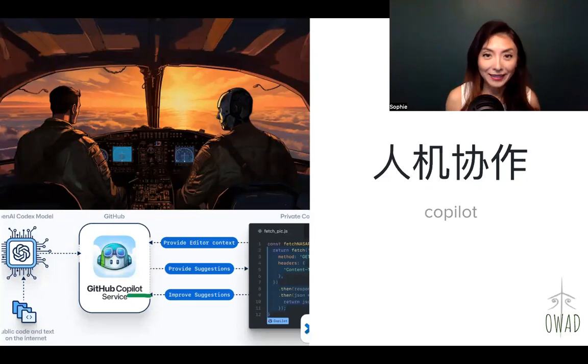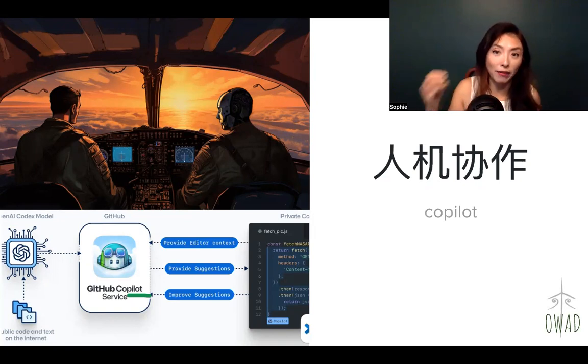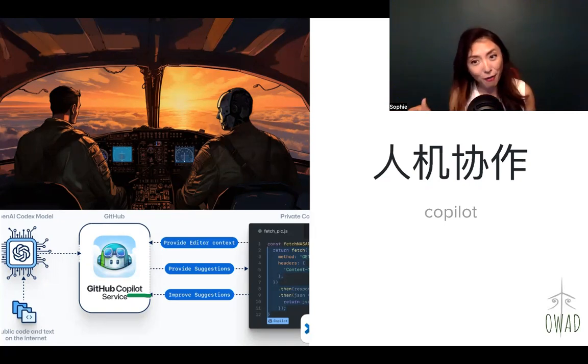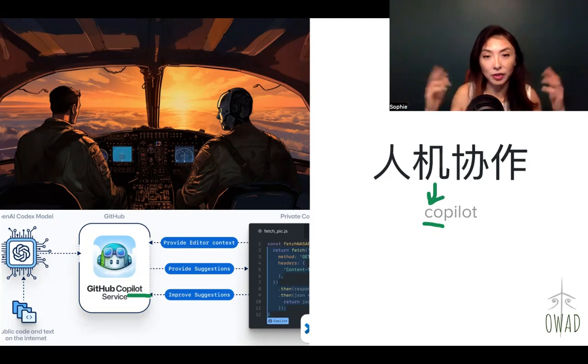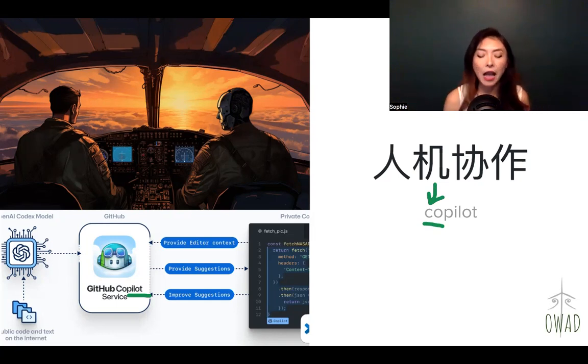We are the pilot. We are the decision maker. We know where we're going. We are driving the airplane, so to speak. But this machine serves as the co-pilot. It's kind of like a reminder of errors. If we're making human errors, because humans are error prone, right, they are going to correct us or point out or alert us. That's the role of the machine.